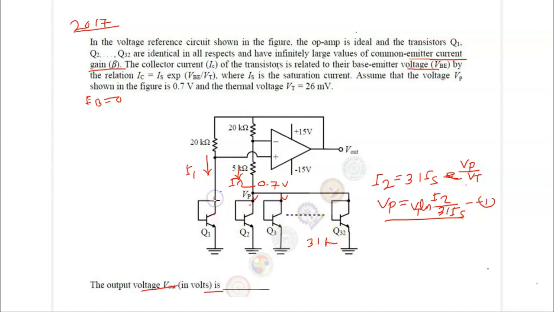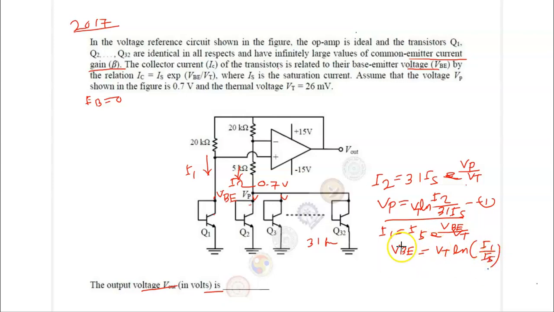Similarly, for the transistor Q1, you can calculate I1 is equal to, single transistor, so IS e raised to the power VBE upon VT. So you can calculate VBE equal to VT ln I1 upon IS.